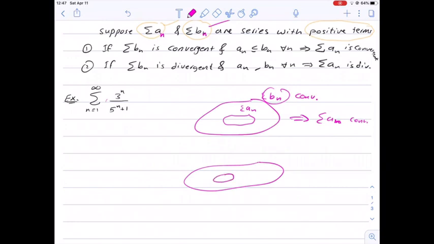If we can find a smaller series B sub n, and we want to test if our series A sub n is convergent or divergent, and we find that the smaller one is divergent, then as a result the larger one will be divergent. So if we can find a larger series and that series is convergent, then our series is convergent.